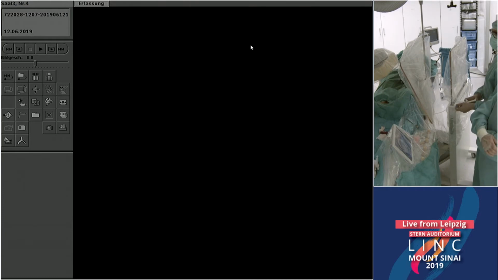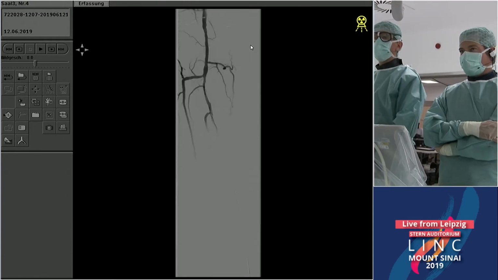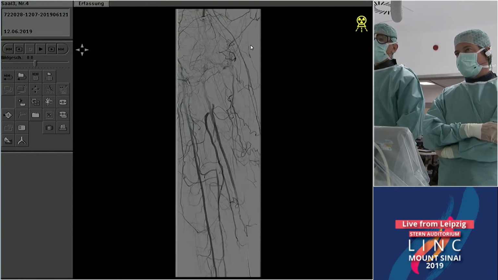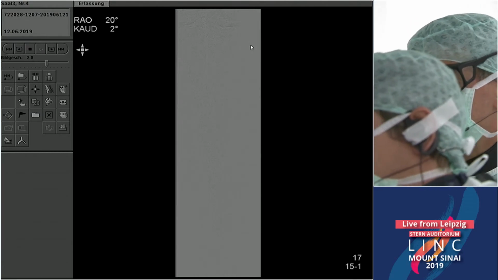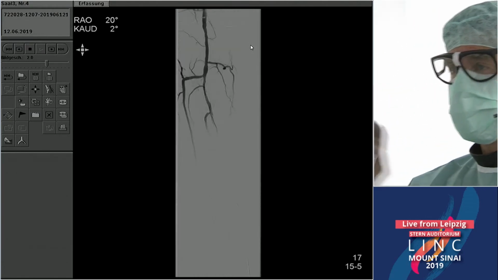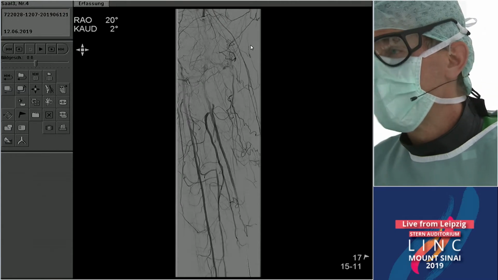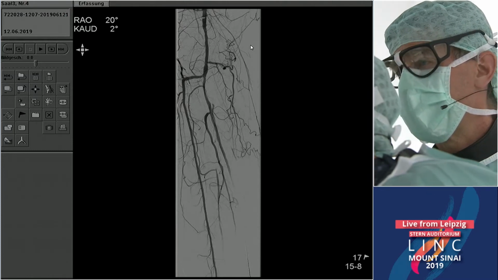Yeah, I personally think this is not infrequently the problem. I mean, you see in such an artery, which is not really calcified, not so many dissections. Maybe if you see them, they may be in a bifurcation area, as maybe in this case, where you're not sure whether you should implant a tack.